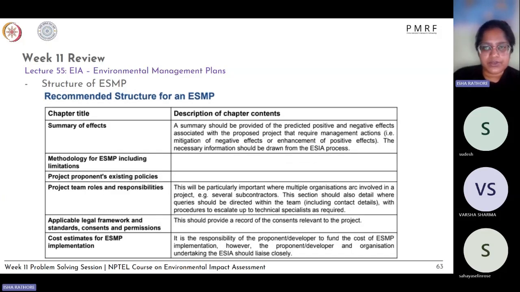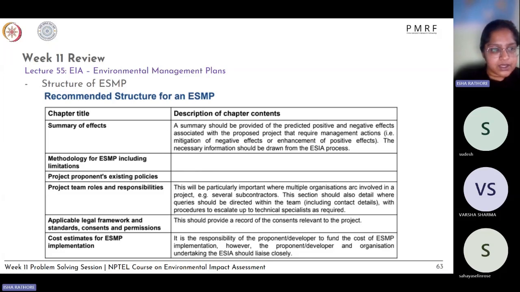Then you have the summary of effects. So you identify all the positive and negative effects which are associated with each of the project stages that require management actions. So any negative, if it can be turned into positive, or things like that, you give a summary.